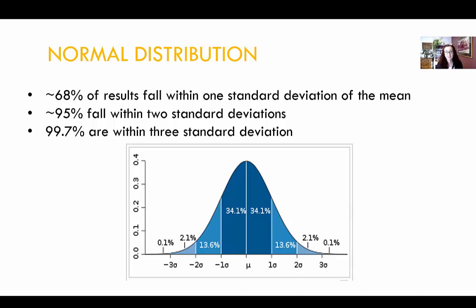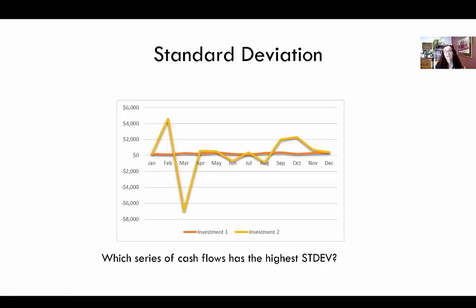So the higher the standard deviation, the more volatile the data is. If you have a series of cash flows that is very volatile, like in this case, investment 2, that will have a very high standard deviation, because the variation from the mean will be much higher.